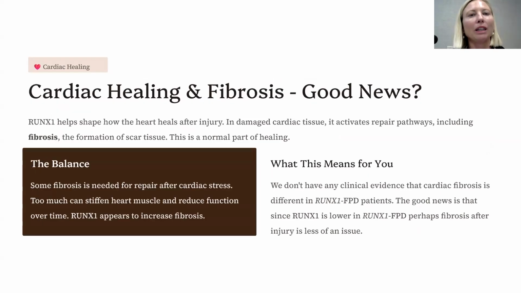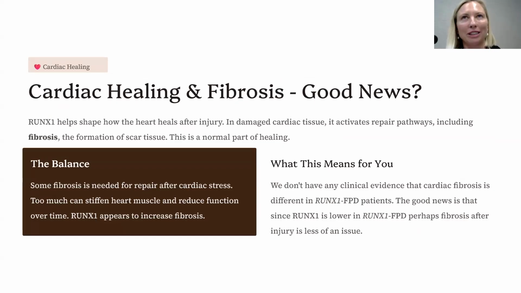Okay, there's some good news in the cardiovascular space, and that is that there's some evidence that RUNX1 plays a role in how the heart heals after a cardiac event. RUNX1 drives fibrosis, or scar formation, which is necessary for any kind of repair when there's an injury.